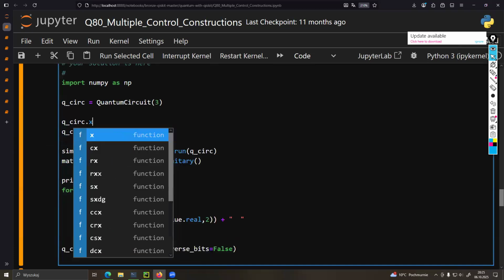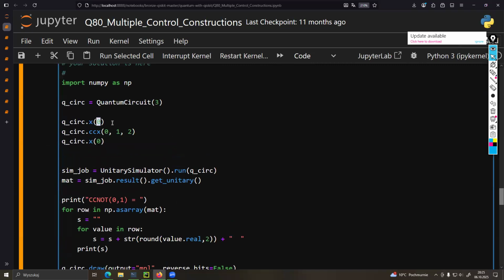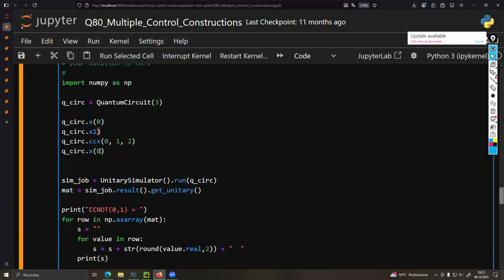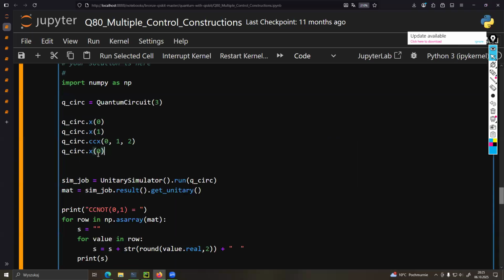So we should append these X's in the same order as we do in our previous case.